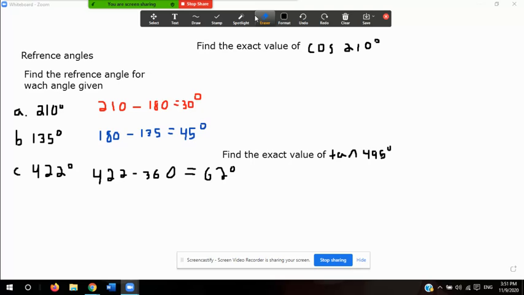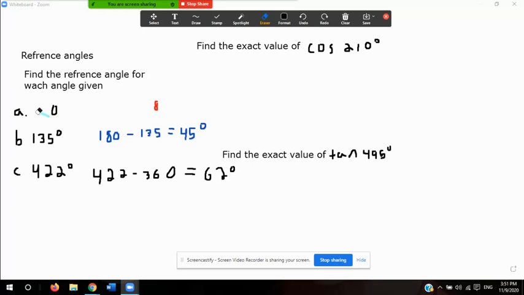More specifically, evaluating trigonometric functions of special angles exactly. So we're going to use what we just practiced in regards to the reference angles to solve this example that we're going to look at now.